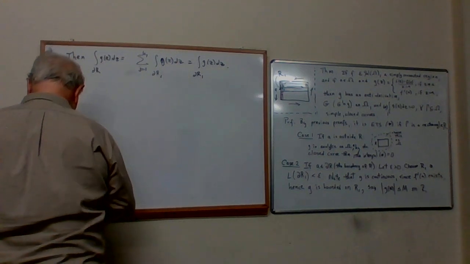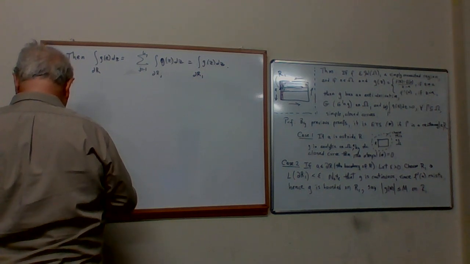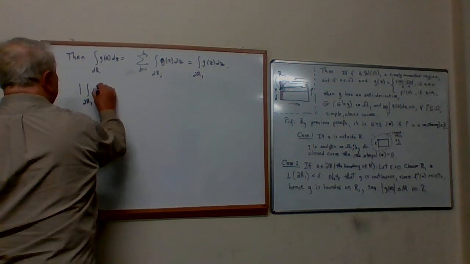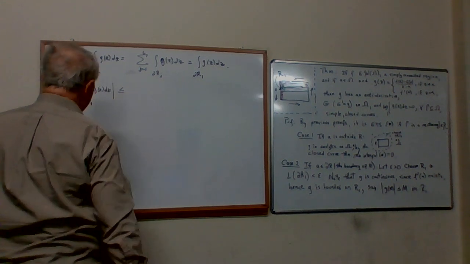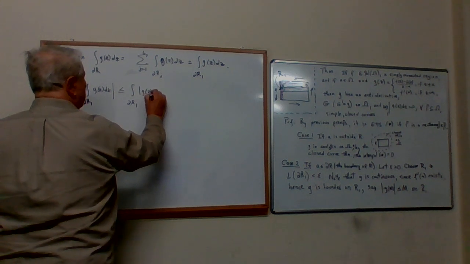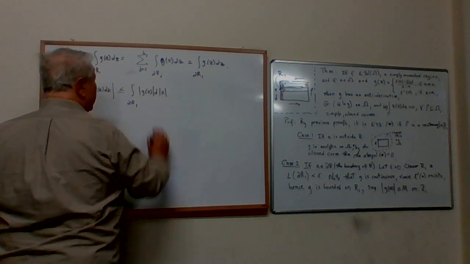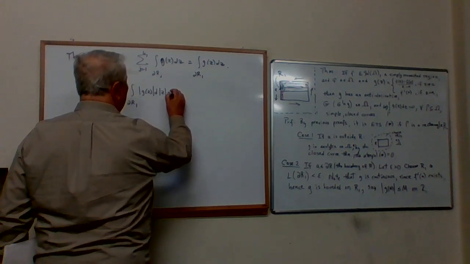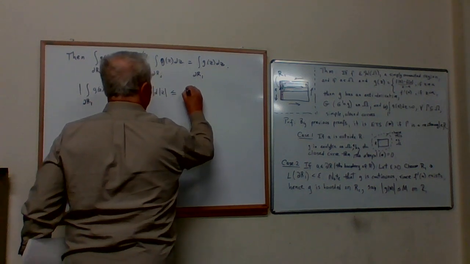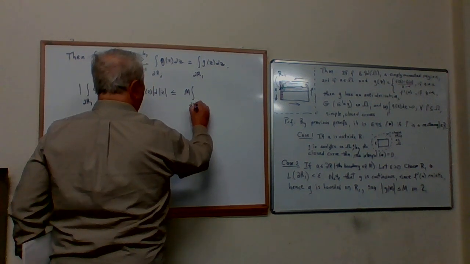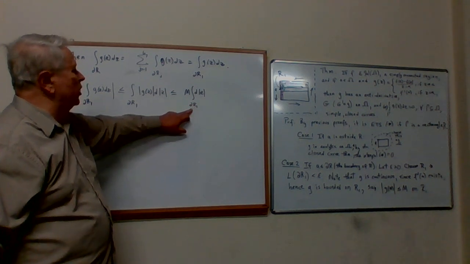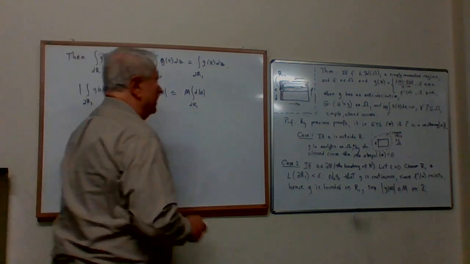But the absolute value of the integral over the boundary of R1 of g of z dz, as we've done many times before now, is less than or equal to the integral of the absolute value, d absolute value of z, which is less than or equal to, now absolute value of g of z is bounded by M, so M times the integral over the boundary of d absolute value of z, but the length of this little rectangle is less than epsilon.